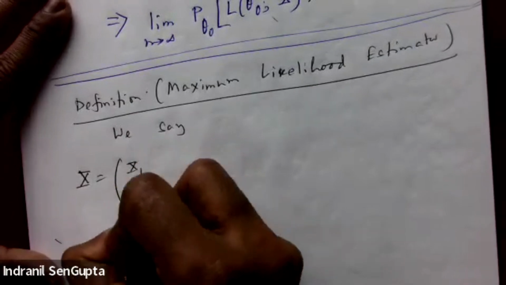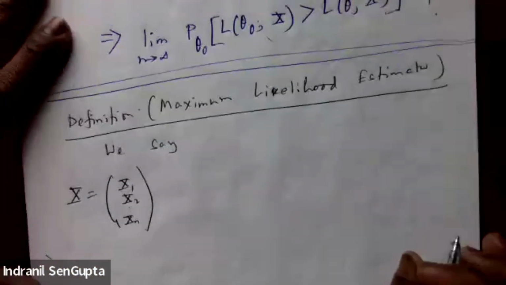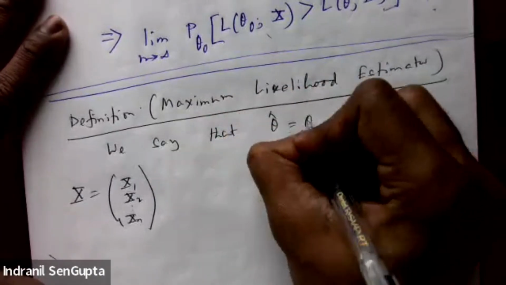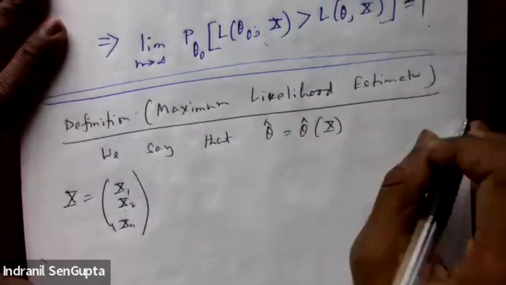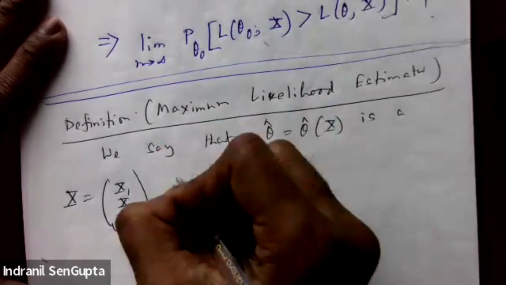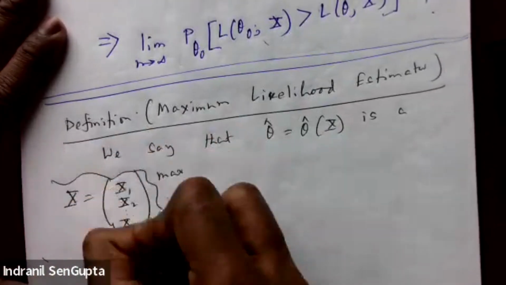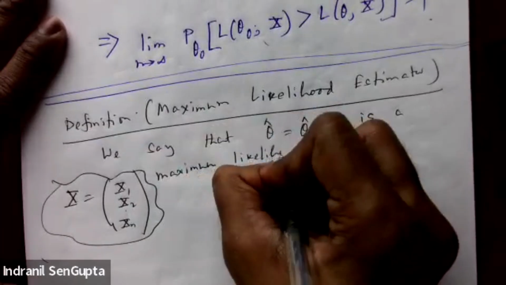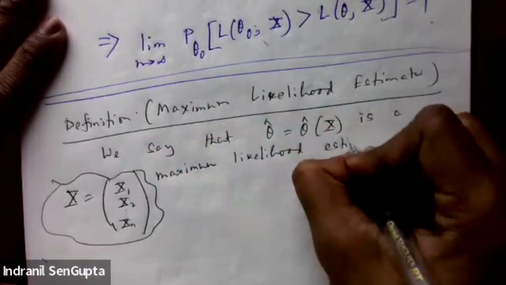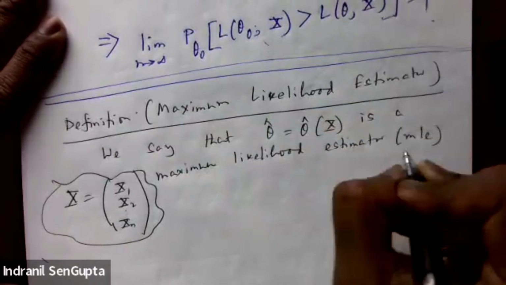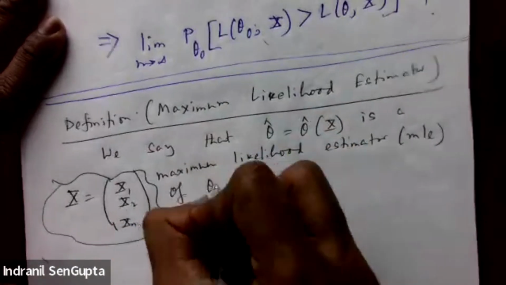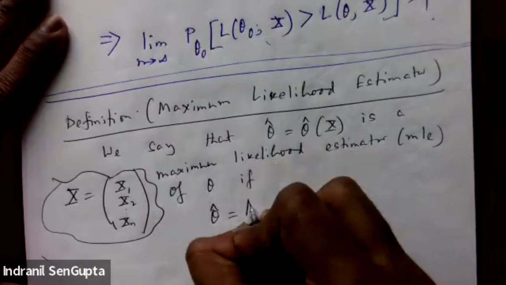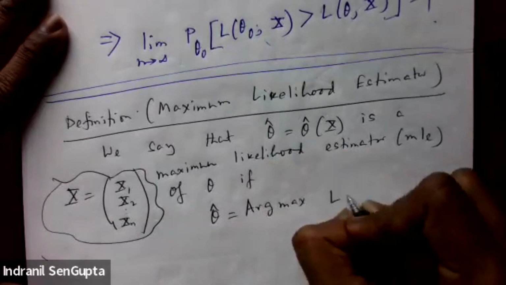We say that theta hat, which is theta hat of x, is a maximum likelihood estimator, or in short MLE, of theta if theta hat is the argmax of L of theta x.